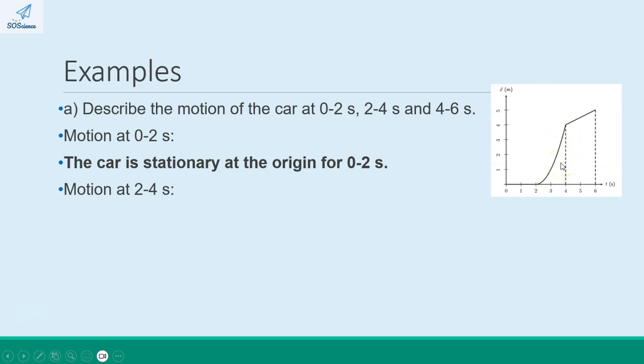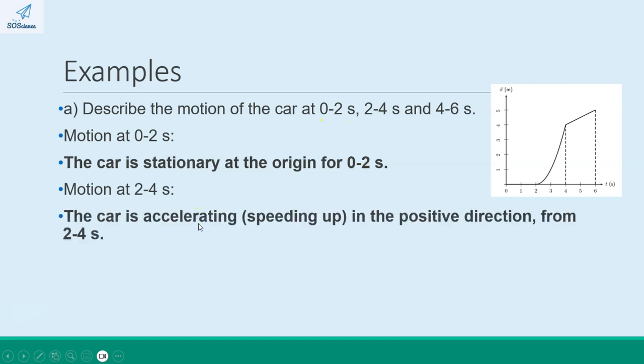So that indicates speeding up, and because we have an upward curve, that means in the positive direction. So we can then state that from 2 to 4 seconds, the car is accelerating, speeding up in the positive direction.